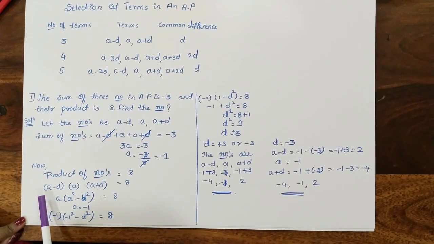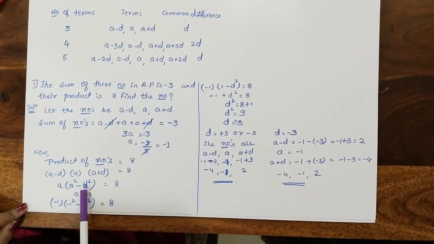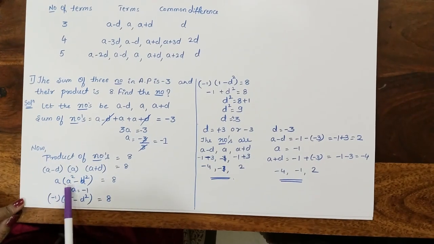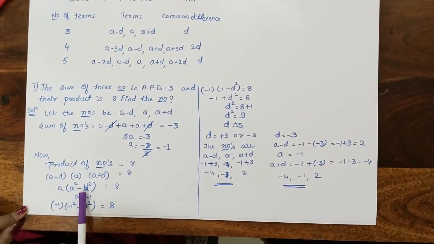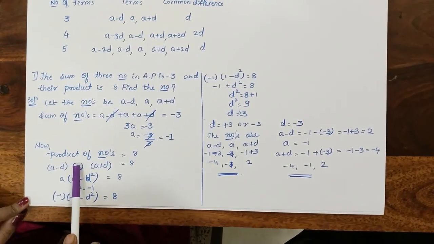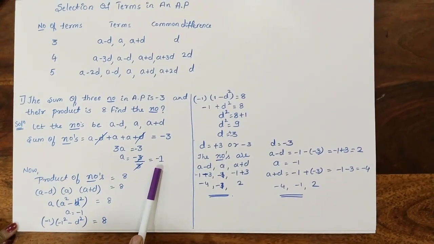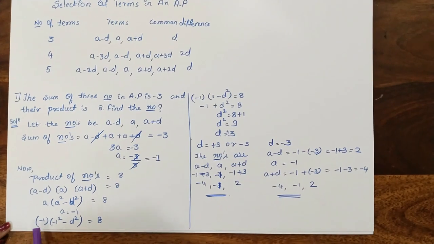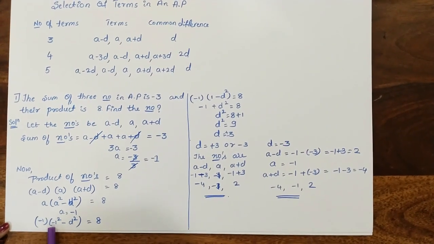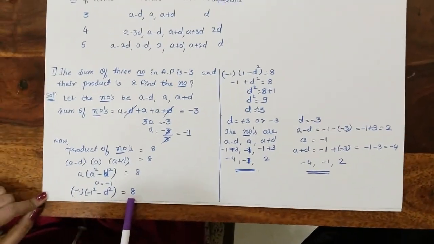We know the formula a plus b into a minus b is a square minus b square. So a minus d into a plus d is a square minus d square, and we already found a as minus 1.